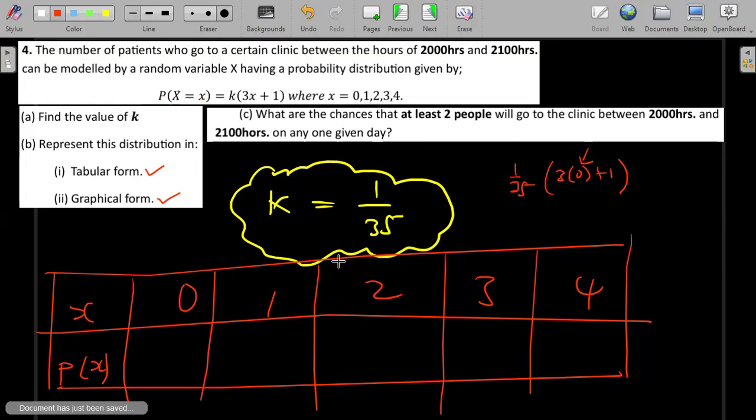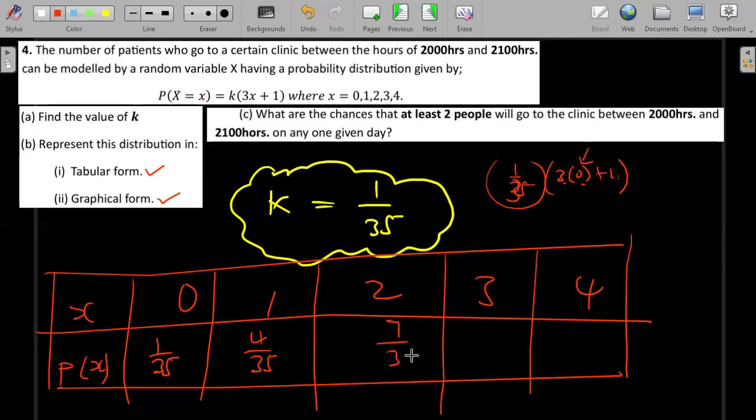This will be 1 over 35, because 3 multiplied by 0 is 0, and 1 plus 0 is 1, and 1 multiplied by 1 over 35 gives 1 over 35. On 1, it gives you 4 over 35. On 2, it gives you 7 over 35. On 3, 10 over 35. On 4, 13 over 35.